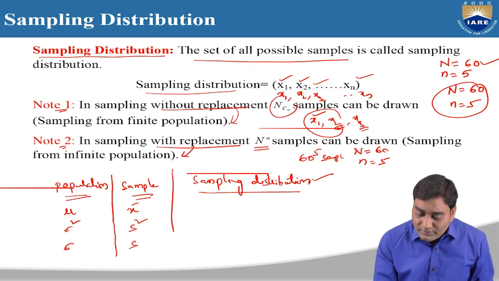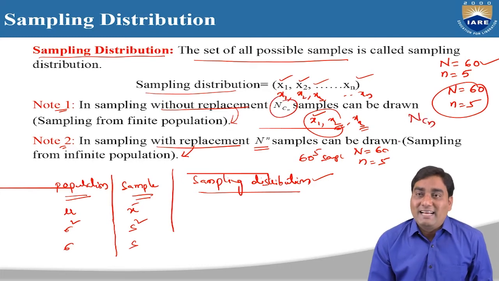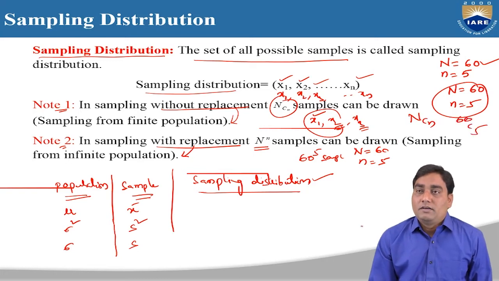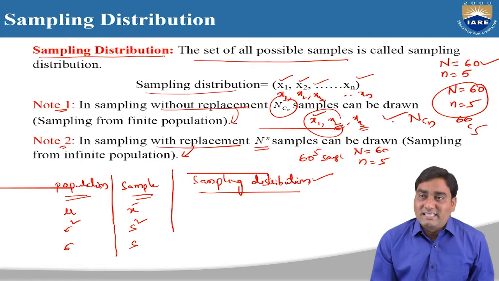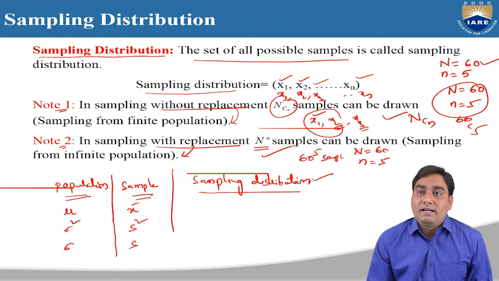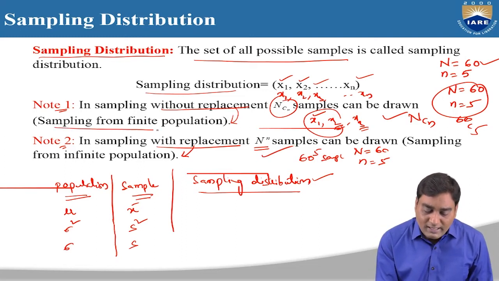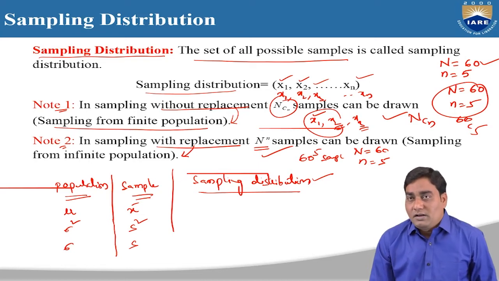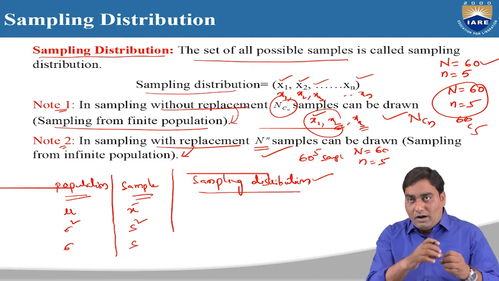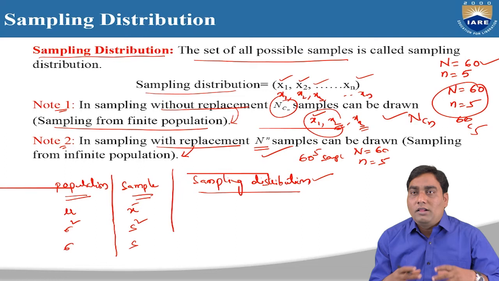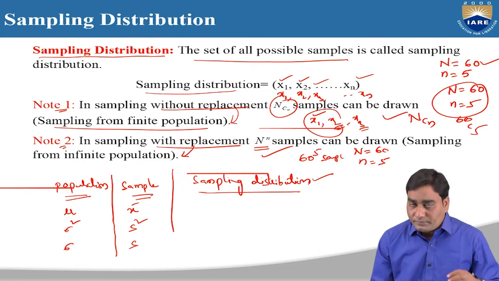In this case, we can draw NCn samples. That means 60C5 samples. So without replacement, NCn samples we can draw, and with replacement, N power n samples we can draw. And without replacement, we can call it sampling from a finite population, because in the way we are choosing the samples, at the end, the population students will be 0.